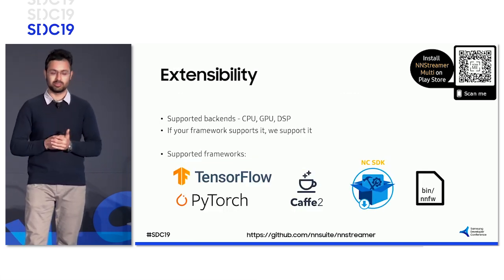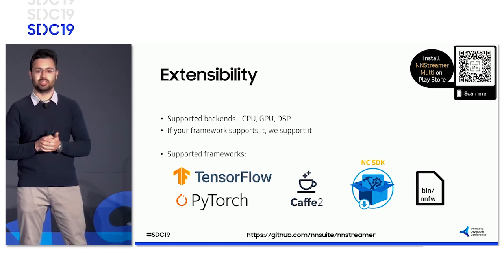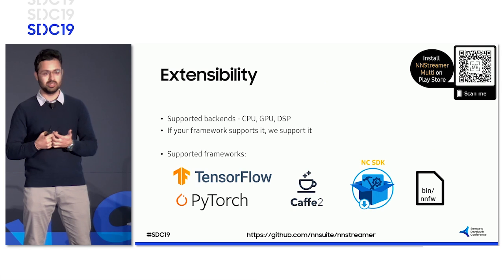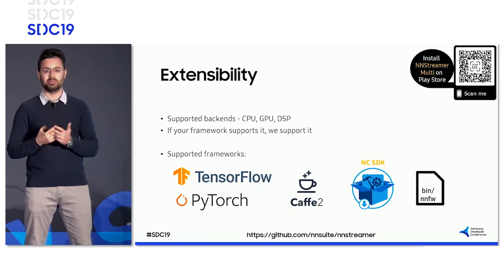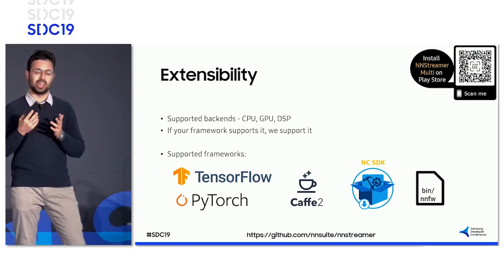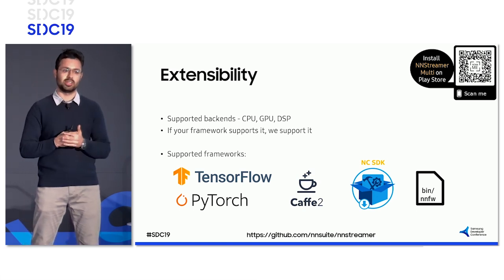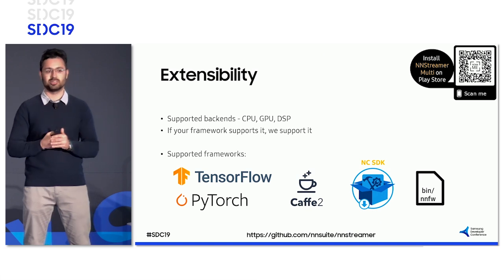We support various backends with NNStreamer. CPU, GPU, of course, are supported. We support DSPs. Samsung NPU will be supported by the end of this year. If you have your framework and you have your own backend supported with that framework, then we can support your own backend as well. If you have a proprietary backend, yes, we can support it.